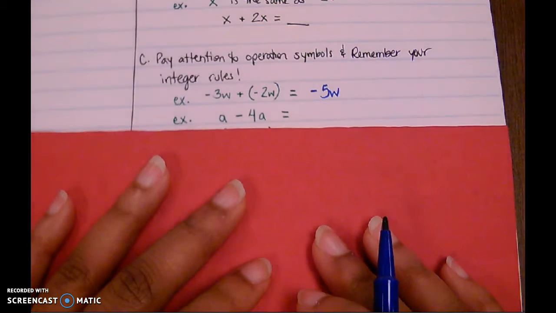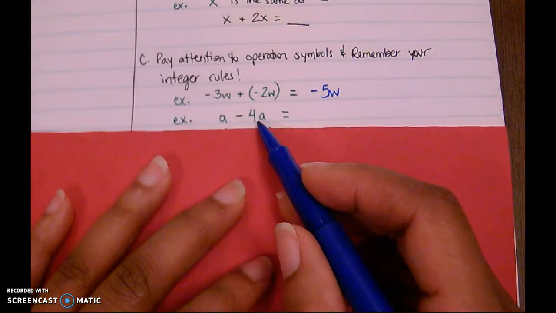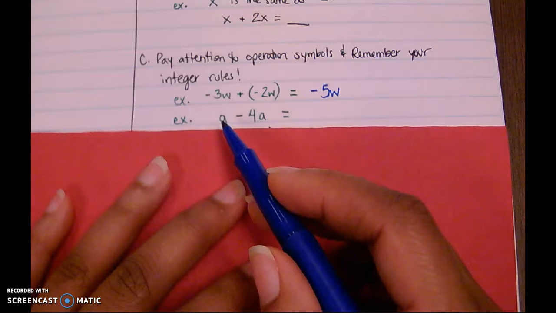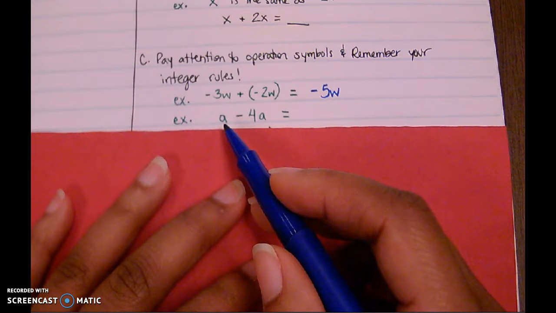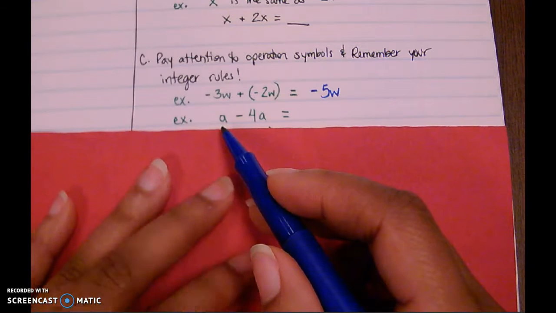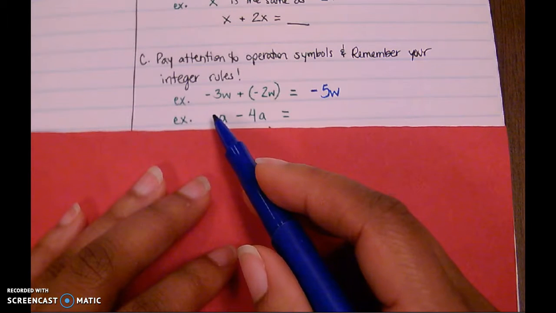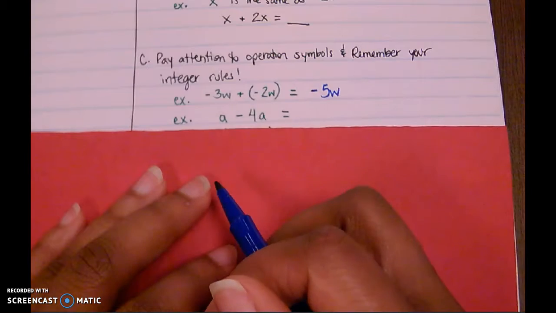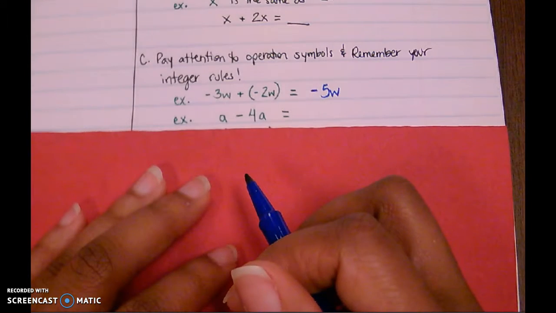Next problem. 1a minus 4a. What did I say is the number in front of a when there's no number in front of it? It's 1. Okay? So this is going to be the same thing as 1 minus 4, except we have our variables.